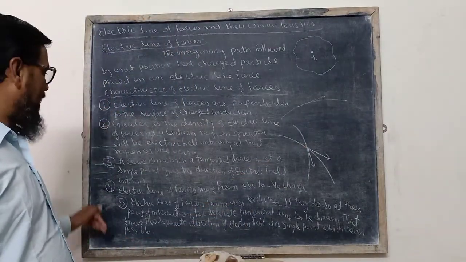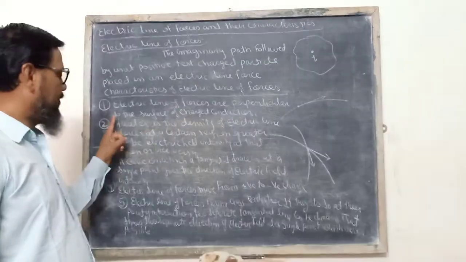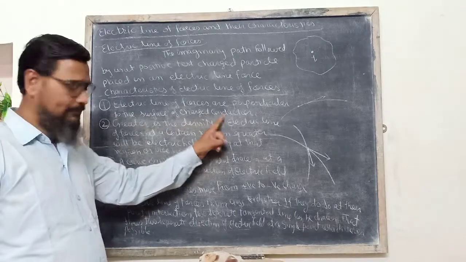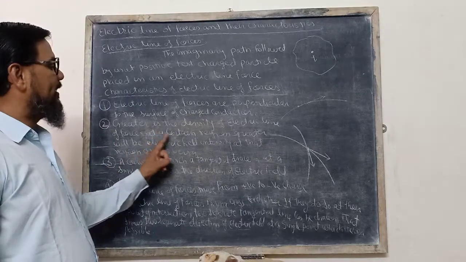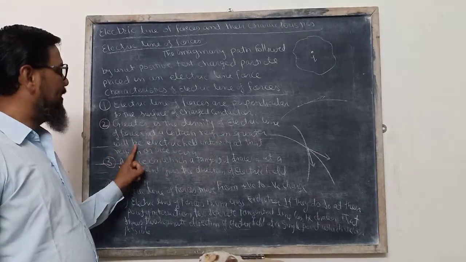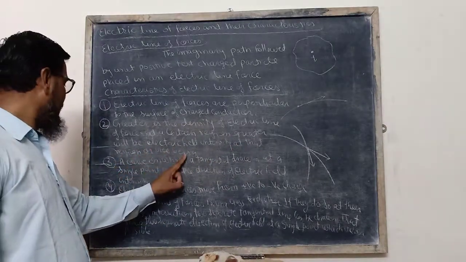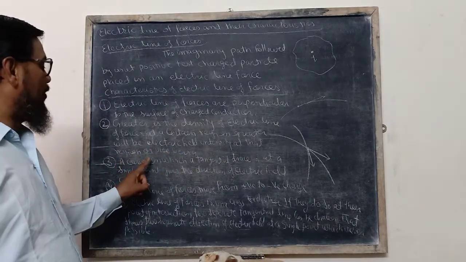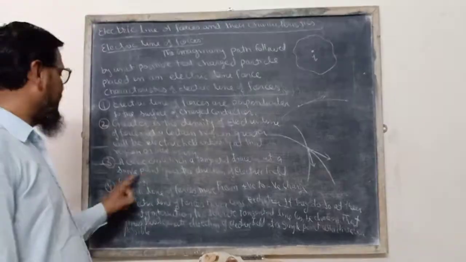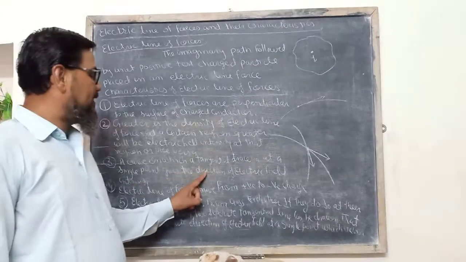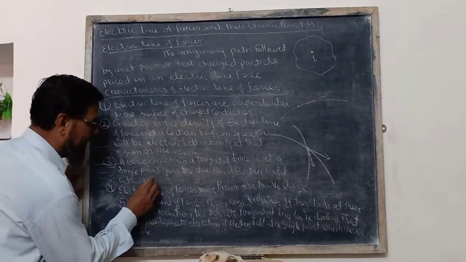So these are the few characteristics. Again I am repeating, electric line of forces are perpendicular to the surface of charged conductor. The second one, greater is the density of electric line of forces at a certain region, greater will be electric field intensity at that region, or vice versa. And a curve on which a tangent drawn at a single point gives the direction of electric field intensity at that point.